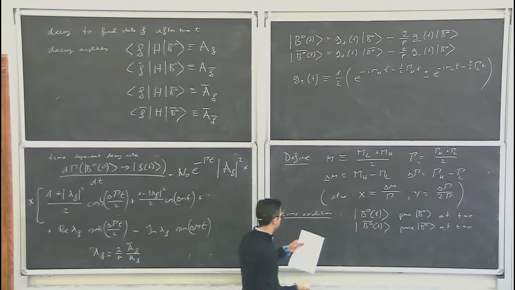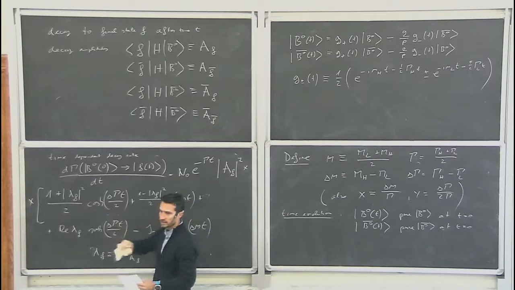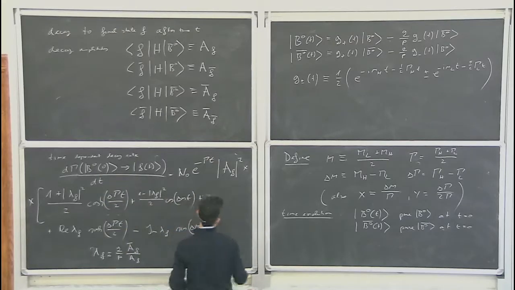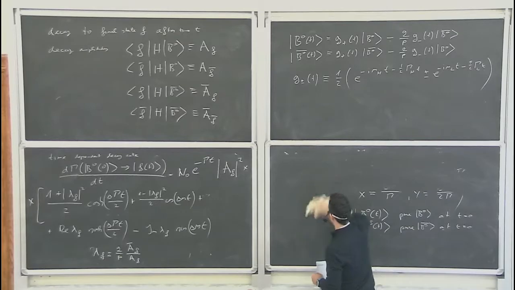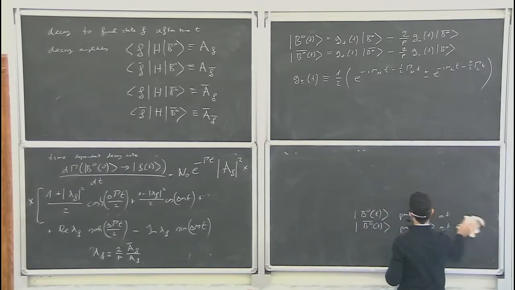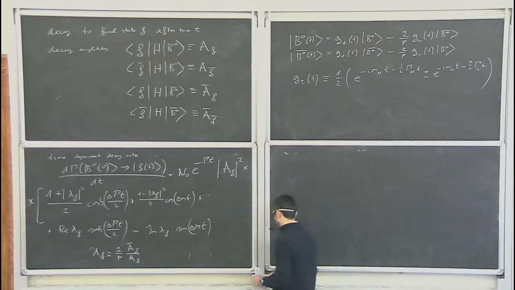I will just write down the second one, and then the third and the fourth you can derive on your own. But it will be obvious how you go about. So I will just write down this similar expression for a time evolution of B naught bar to the same f of t.